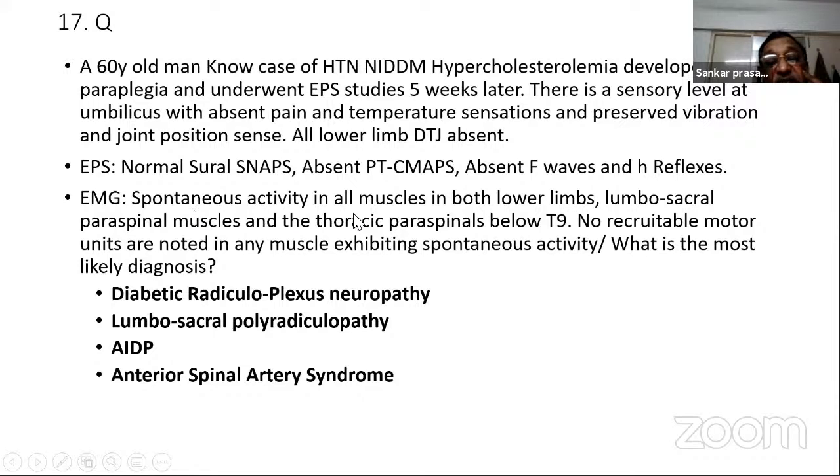EMG showed spontaneous activity in all muscles in both lower limbs, lumbosacral paraspinal muscles, and thoracic paraspinals below T9. No recruitable motor units are noted in any muscle exhibiting spontaneous activity. What is the most likely diagnosis? Diabetic radiculoplexus neuropathy, lumbosacral polyradiculopathy, AIDP, anterior spinal artery syndrome.